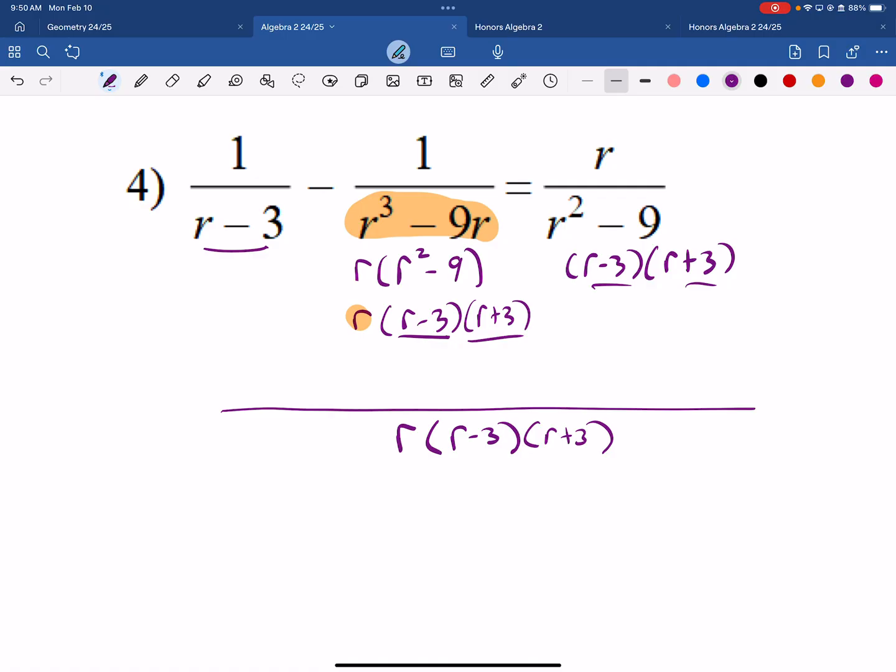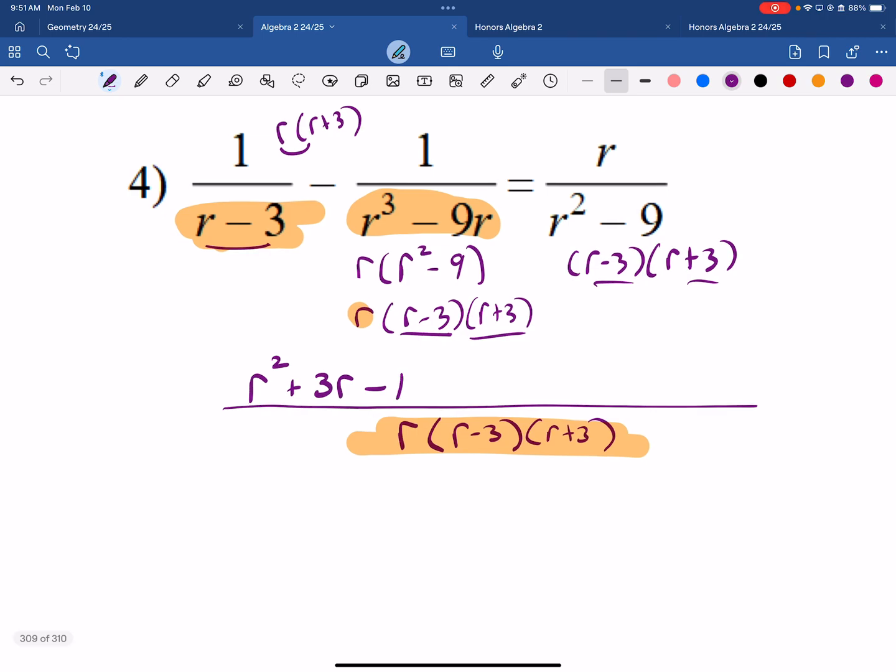So the first one, I need to get this to be this. So I've got r minus 3, but I don't have r or r plus 3. So don't have to really worry about the 1. So r times r is r squared. R times 3 is plus 3r. Minus. Do I have to do anything with the second one?